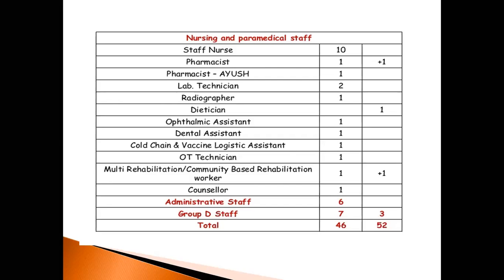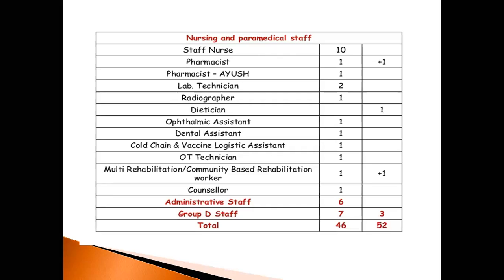Then an ophthalmic assistant, we need one. Then a dental assistant, also one. Cold chain and vaccine logistic assistant, one. Cold chain is that area where all the vaccines are stored for immunization. As a country, we follow the national immunization schedule, where all the children are immunized against many killer diseases. So a cold chain room is like a cold storage where all the vaccines will be stored.